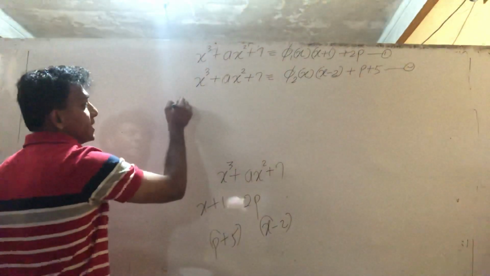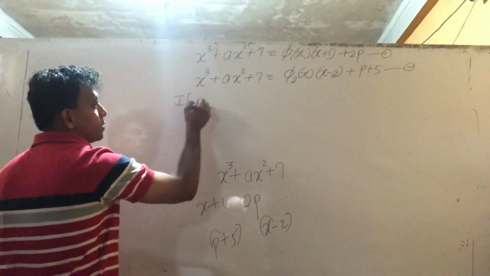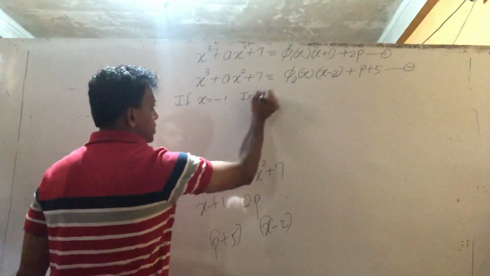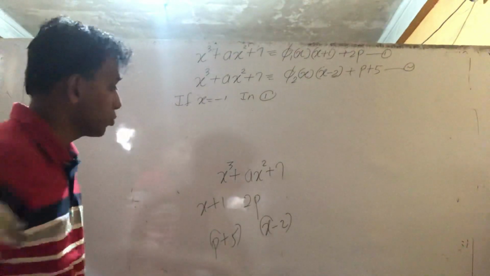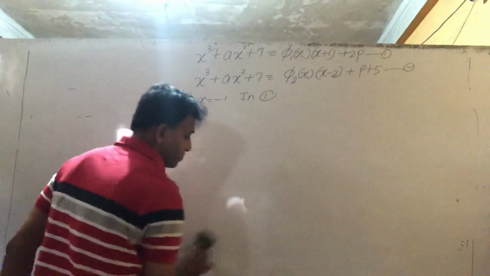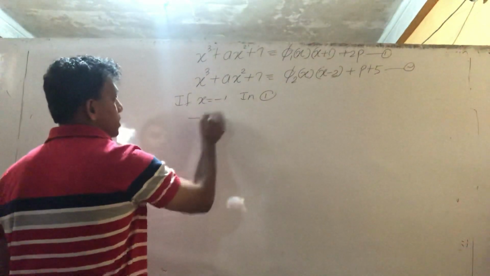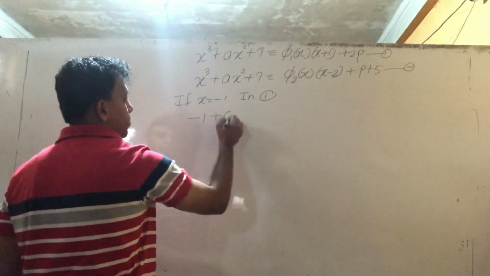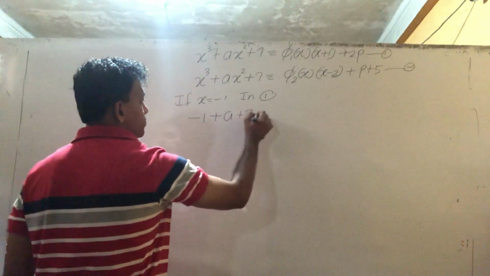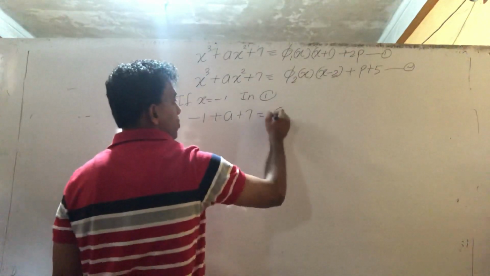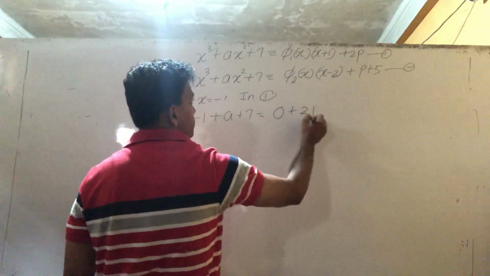So if x equals minus 1 in the first equation, put x for minus 1: minus 1 plus a plus 7 equals 0 plus 2p.